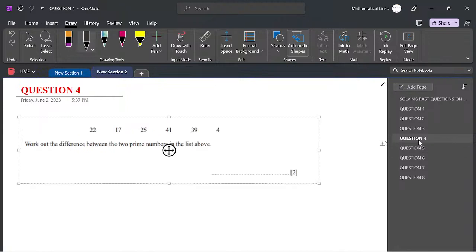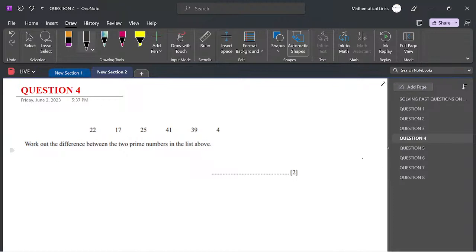Let's go to question number 4. So here you have 22, 17, 25, 41, 39, and 4. Work out the difference between the 2 prime numbers in the list above. So before you can get the difference, you need to identify the 2 prime numbers in the list.